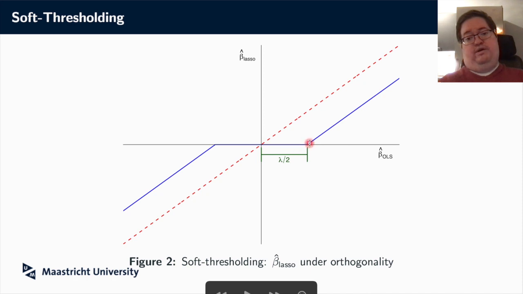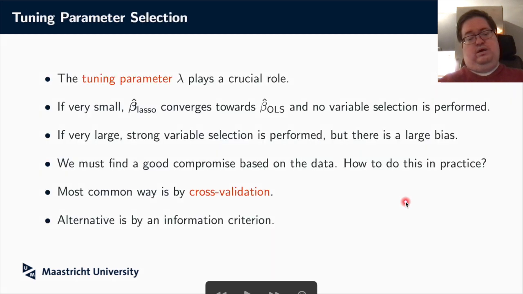Once you move away from that, you move in parallel to the least squares, but you reduce it by lambda over 2 to move it closer to 0. So here we see the variable selection, and here we see the shrinkage. That explains how the lasso works and why it works.